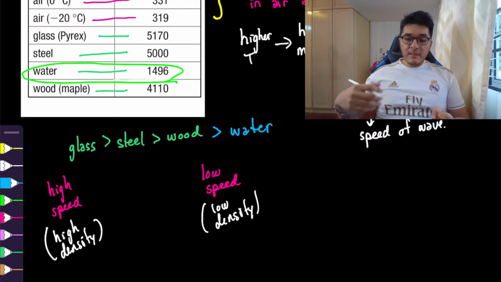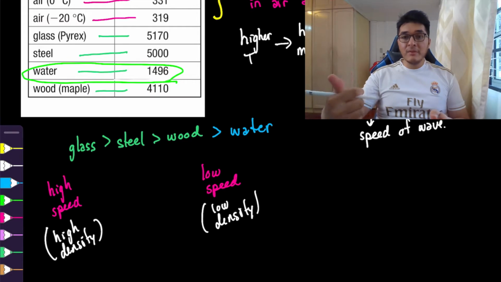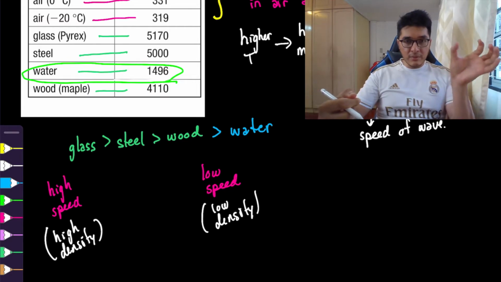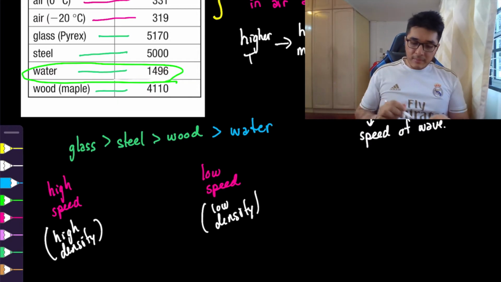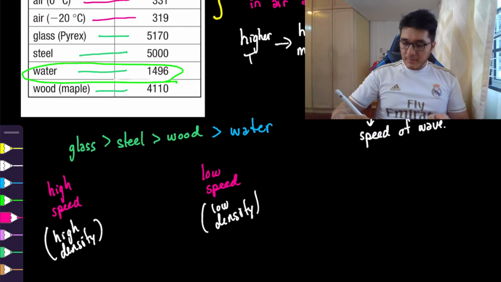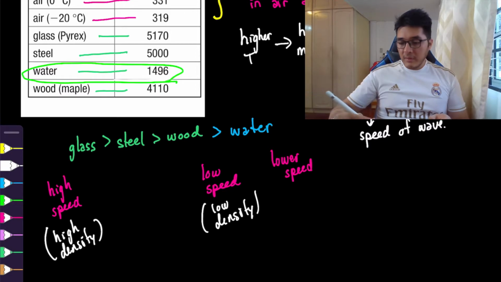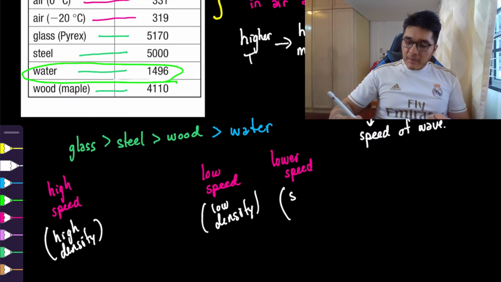So this means that the density of water is even less than that of solids. So this also depends on the state of matter. Solids transfer energy much quicker than liquids. So this is even lower speed, and we can account for this by the state of matter.